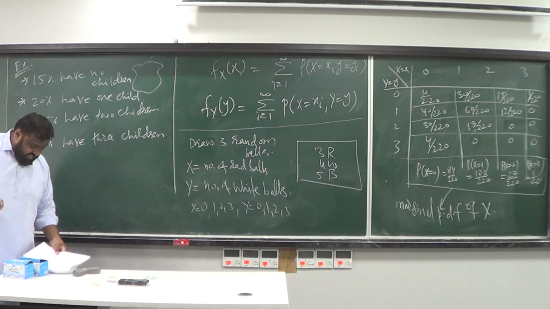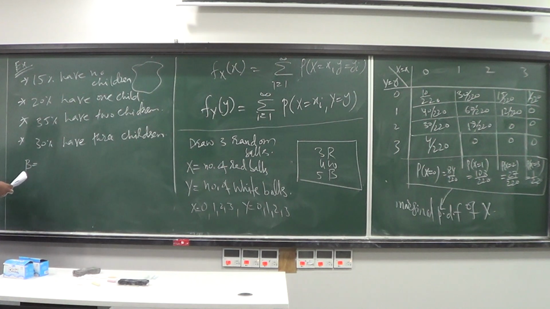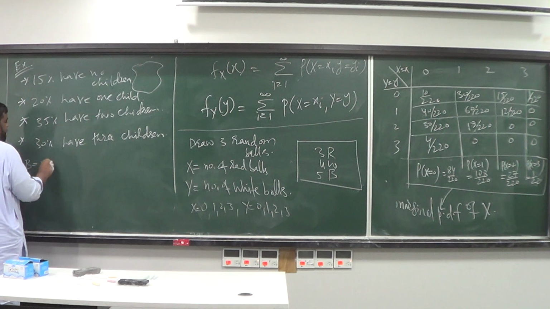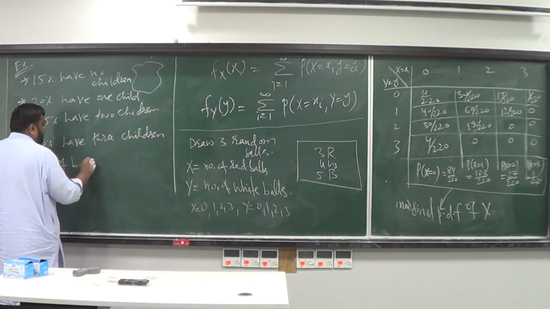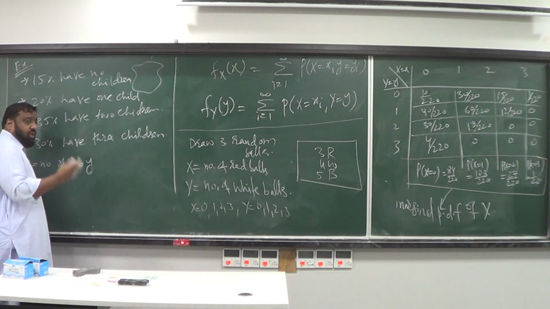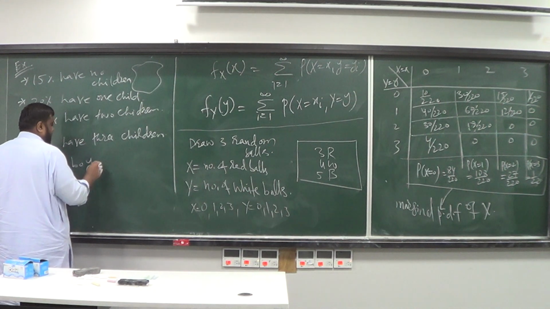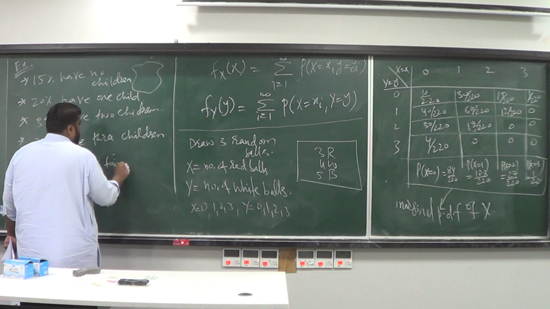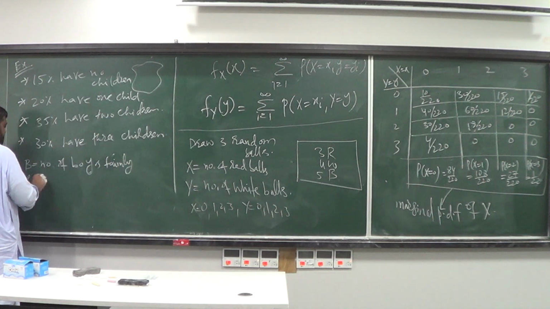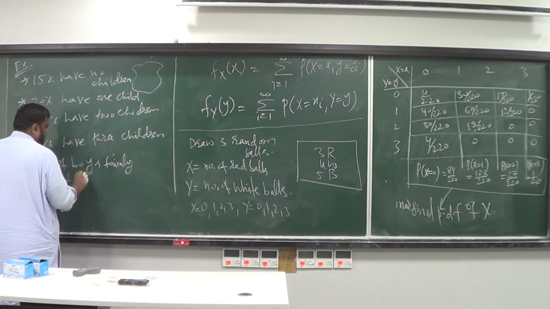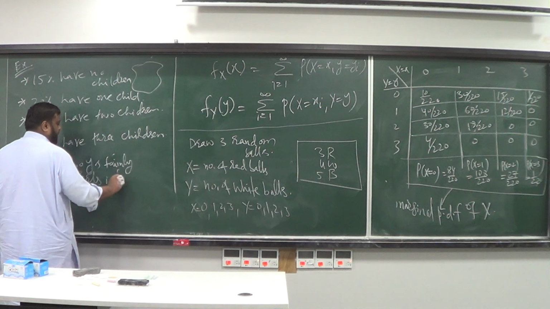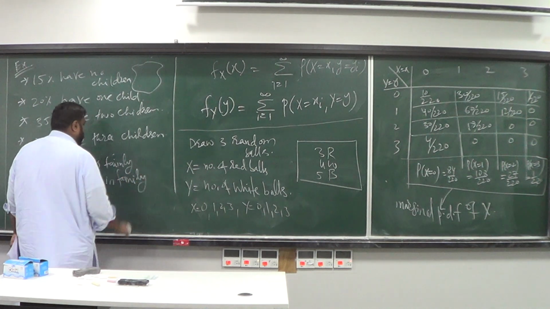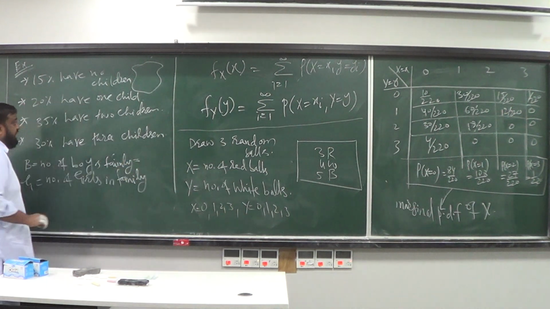Imagine I am choosing a family at random out of this community, and B represents the number of boys in that family, the boy children in that family, and G represents the number of girls in the family.